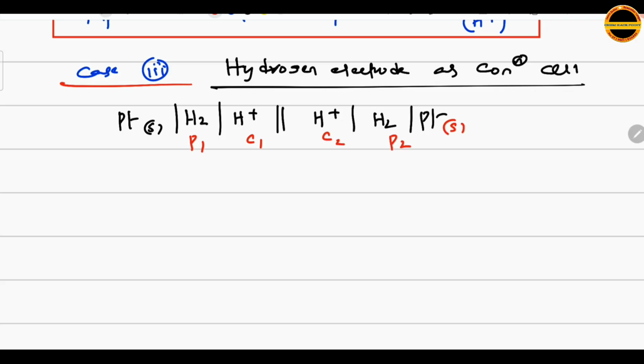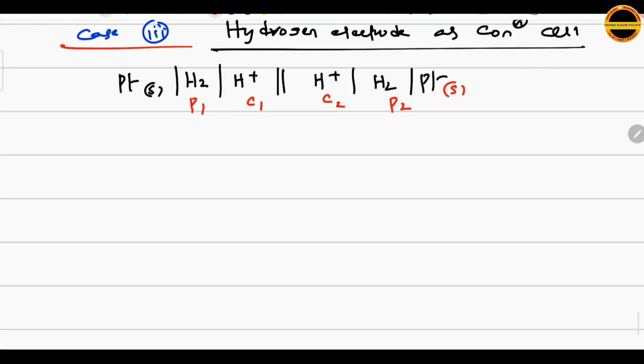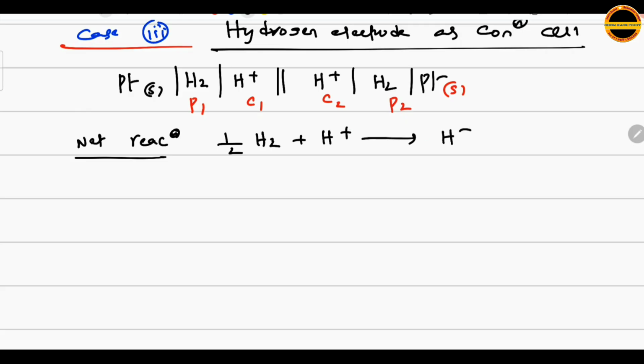In both cases the platinum is solid. Since we already wrote the anode and cathode reactions, I am writing the net reaction directly now. How do we write the net reaction? By adding both the anode as well as the cathode. So the net reaction is half H2 plus H plus, here giving H plus, then half H2.